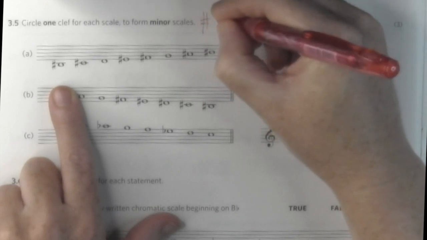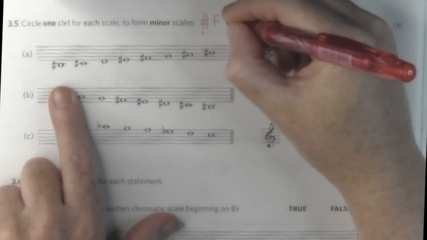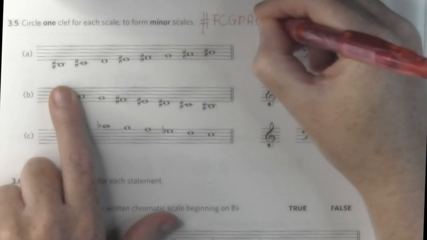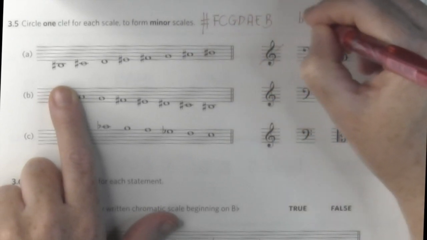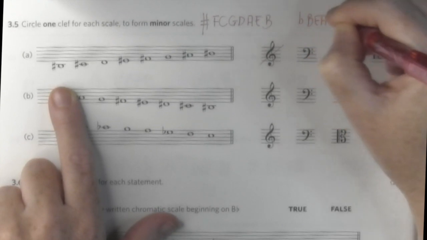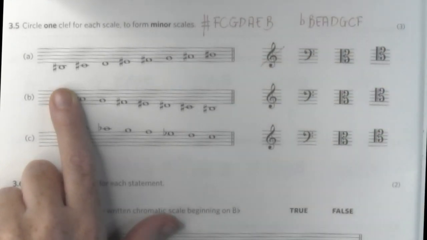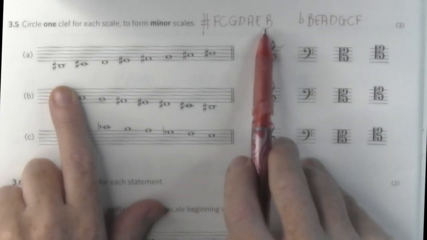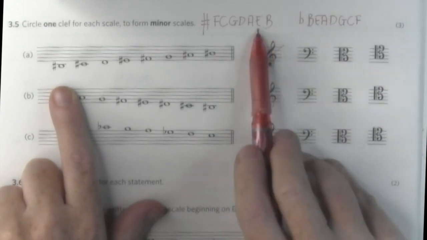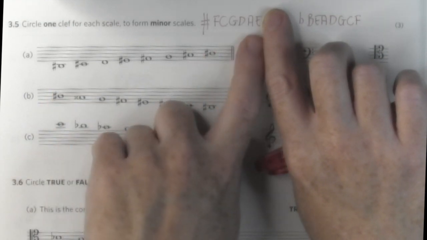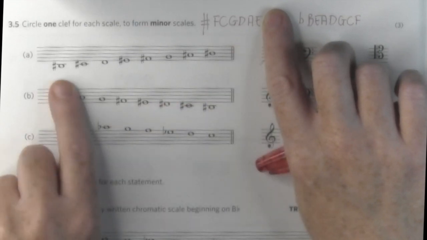Let's write the order of sharps and flats. Fun coloring gigantic drawings after eating breakfast, and then big elephants ate dinosaurs, goat, cheese and figs. Perfect. F sharp minus one semitone would be E, and E is the final sharp in our key signature. So we would have 6 sharps in our key signature.